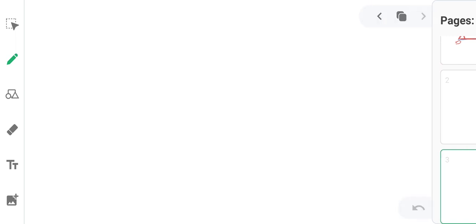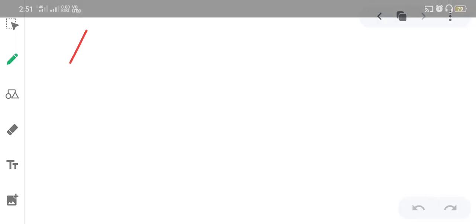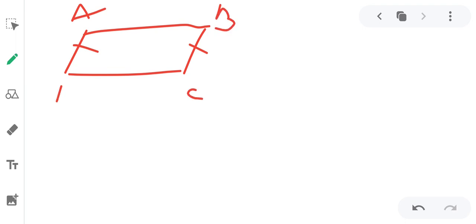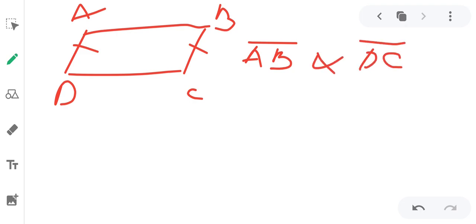See, this is a parallelogram. A, B, C, D. Side AB and side DC are two opposite sides, one of the pair of opposite sides.